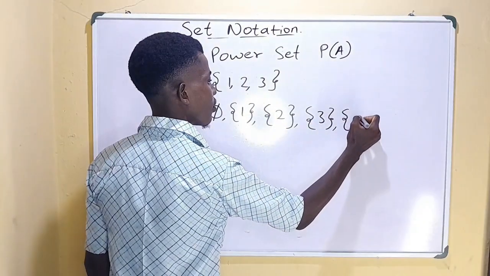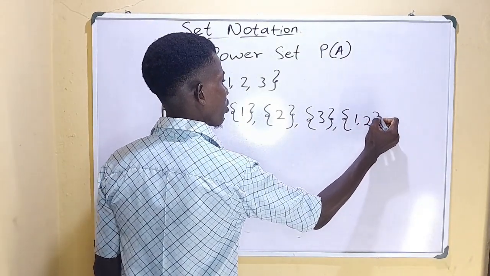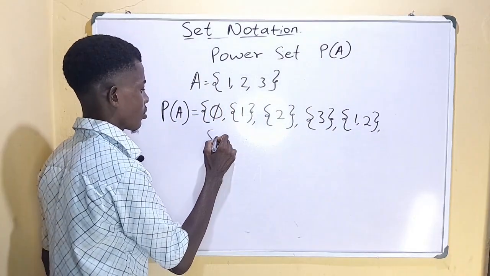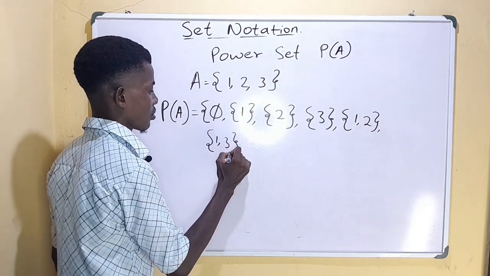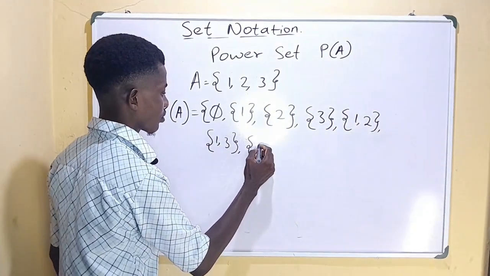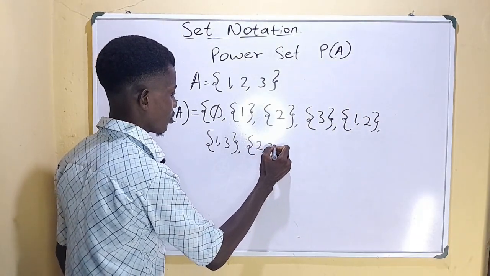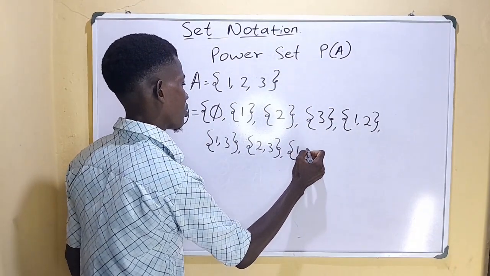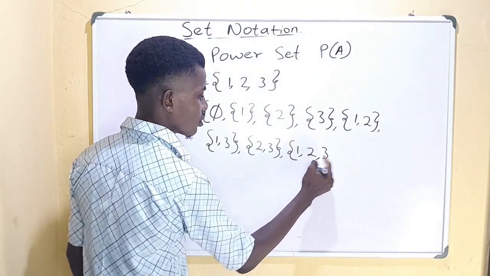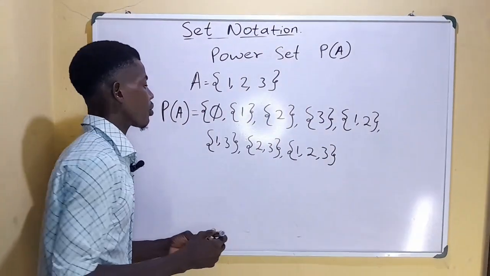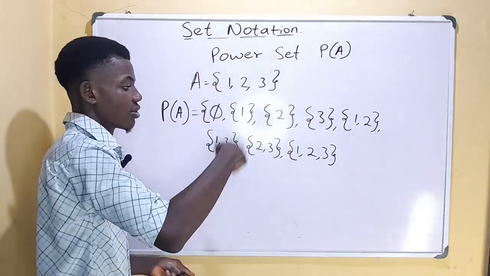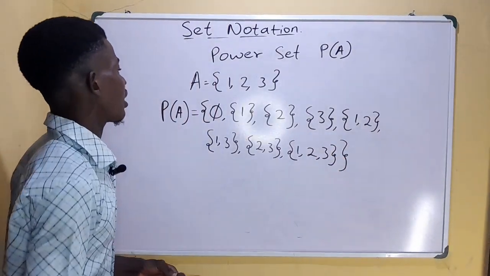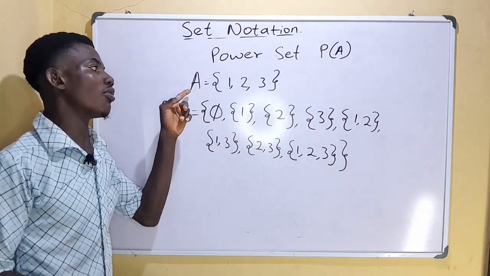And this {1, 2, 3} is the set itself, because remember we said that a set A is also a subset of itself. We close it. Now, this is the power set of set A.